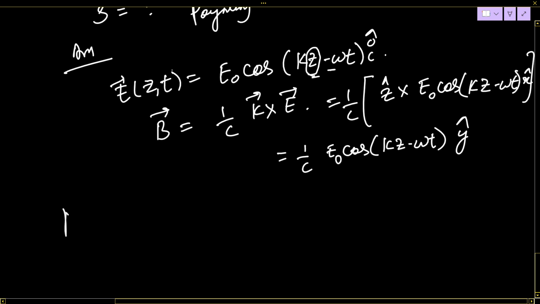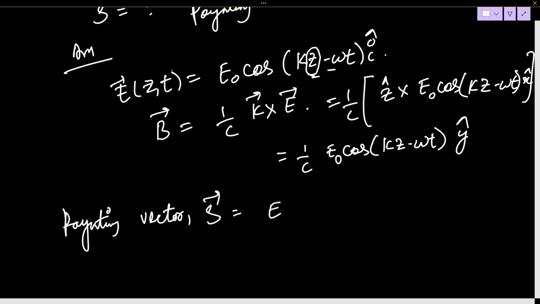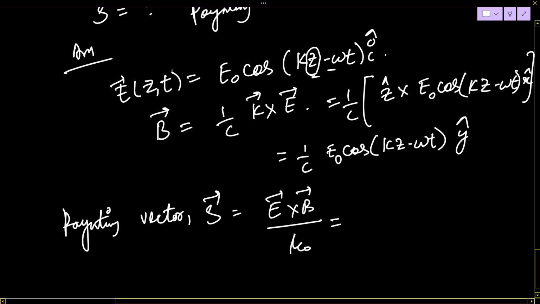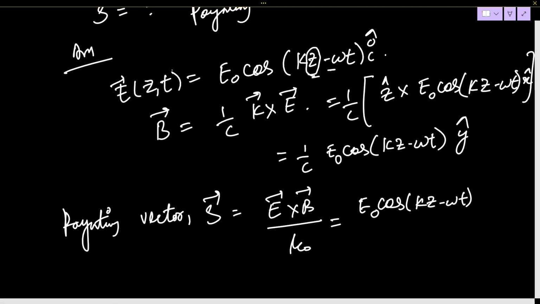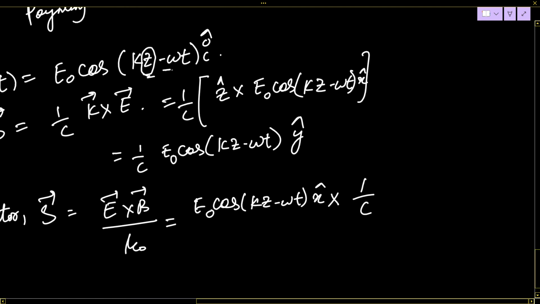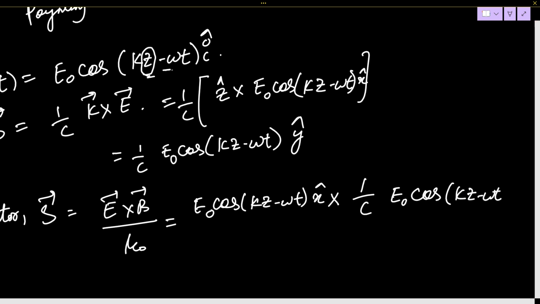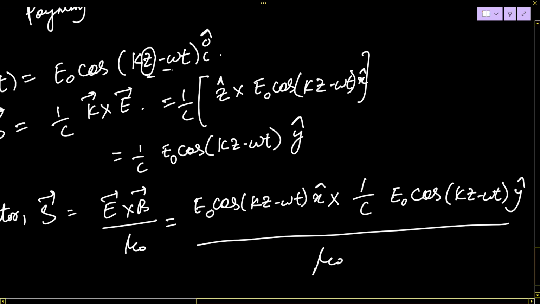So what is simply the Poynting vector? The Poynting vector S is equal to how much? E cross B by mu naught, right? Put E as E naught cos kz minus omega t x cap, cross 1 by c E naught cos kz minus omega t y cap, whole divided by mu naught. Okay.